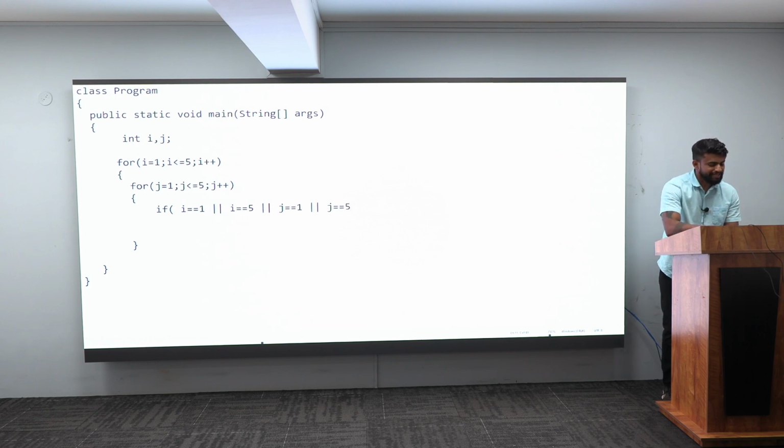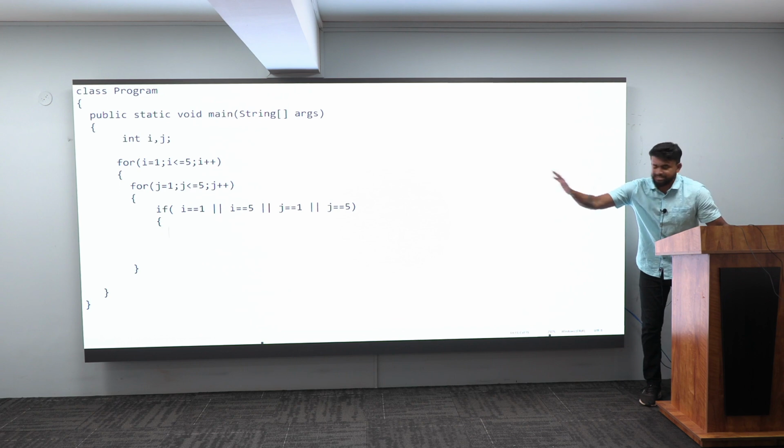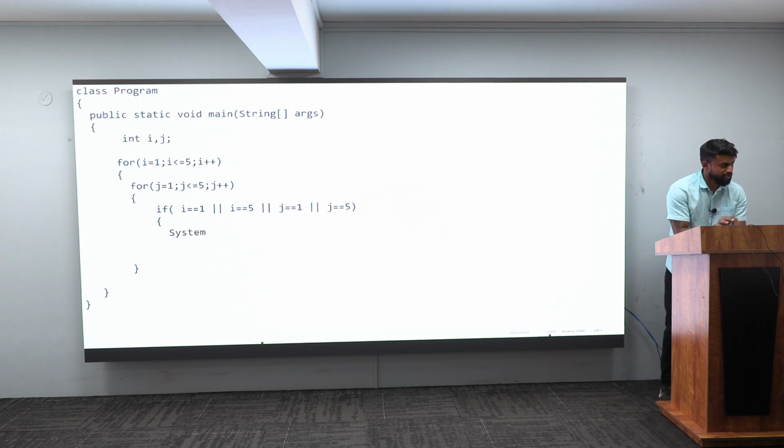If this is the case, what you should do? Print star. You are telling in English, programmatically I should put it. How should you put it, sir? You should hit enter like this, and open the bracket, and tell it as: if this is the case, you have to print the star. How will you print in Java? You should tell system.out.print. What you should print? Star you should print, as simple as that.